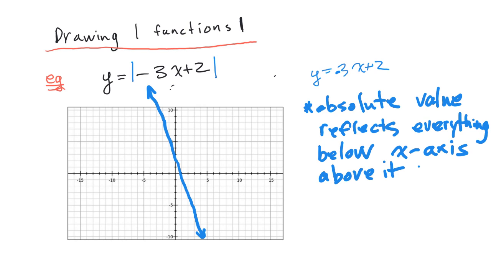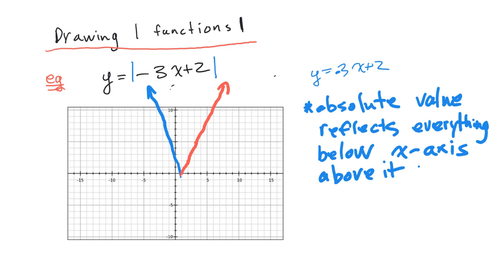So imagine the second half of my graph looks like this. Now there's my graph, and I have to erase this whole portion of my graph. So that is how we would draw the absolute value of a graph.